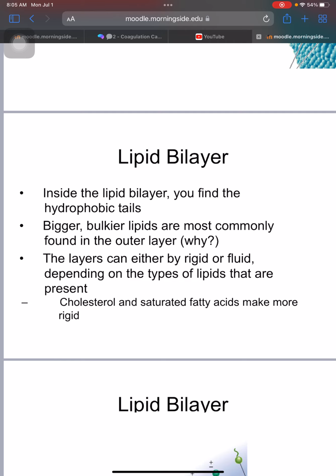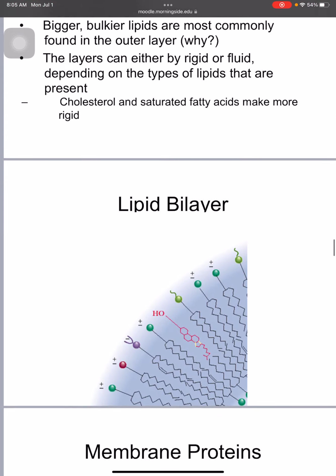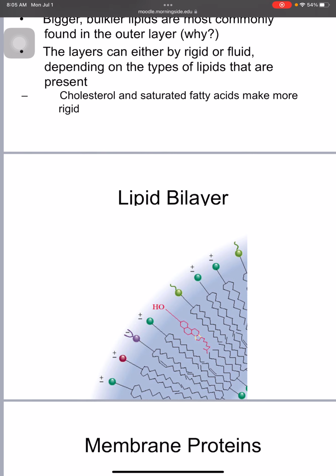That fused ring system, again, can very much sterically stack upon each other. So you get stacking of aromatic rings, and that makes it much more dense and more rigid, right? So it just depends on what's present.